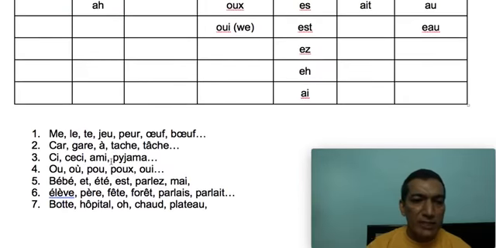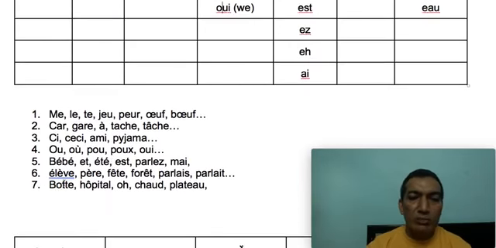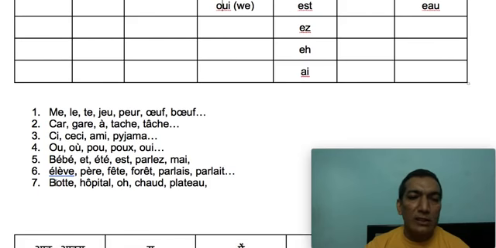Some of the examples: botte, which means boot. In French, whenever you see a double consonant, like double T, you do not have to pronounce it twice. It is pronounced as if it were a single letter: botte, which means boot. Hôpital.